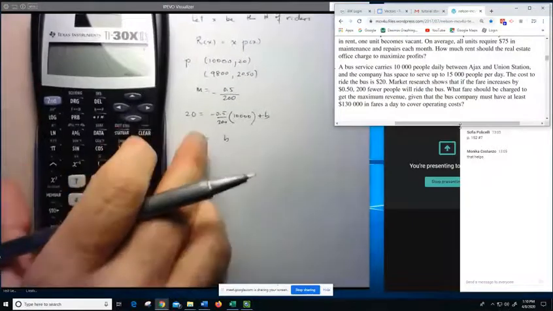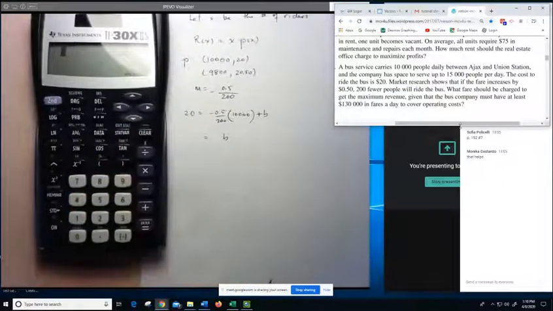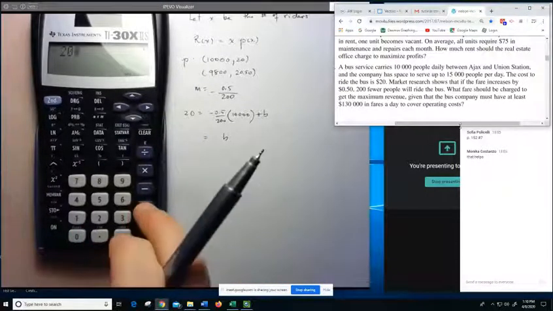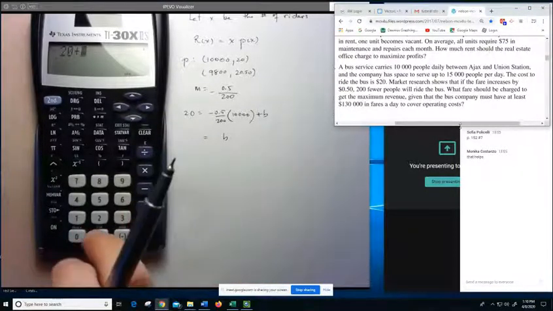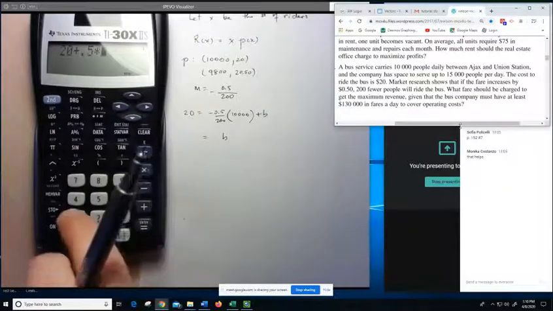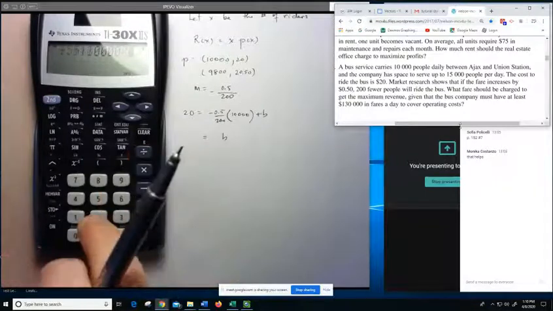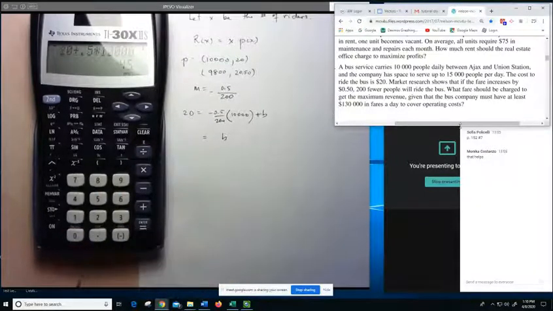So I might as well just do it that way. Okay, so here I've got 20. I'm bringing this to the other side, so it's going to be plus 0.5 times 10,000 divided by 200 equals 45.